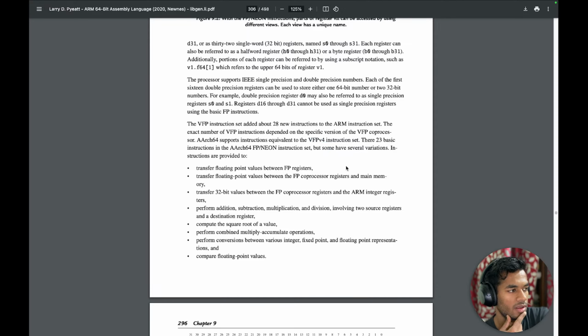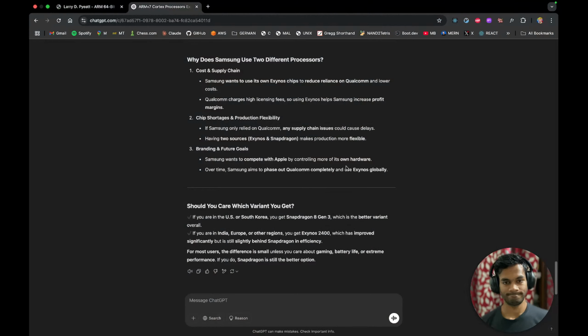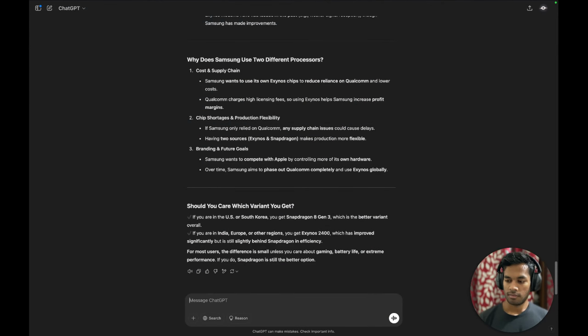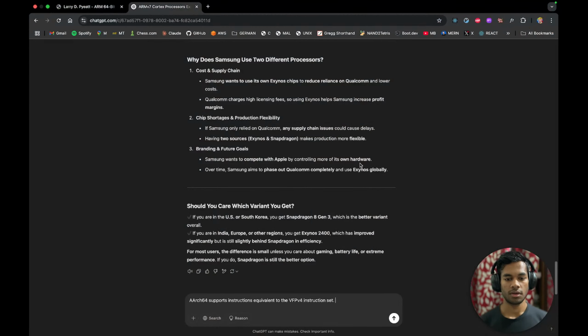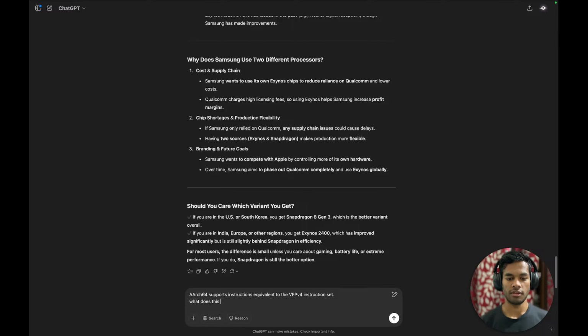VFP version 4 defines the instructions to be used in vector floating point registers. What does it mean that ARM64 supports instructions equivalent to that?